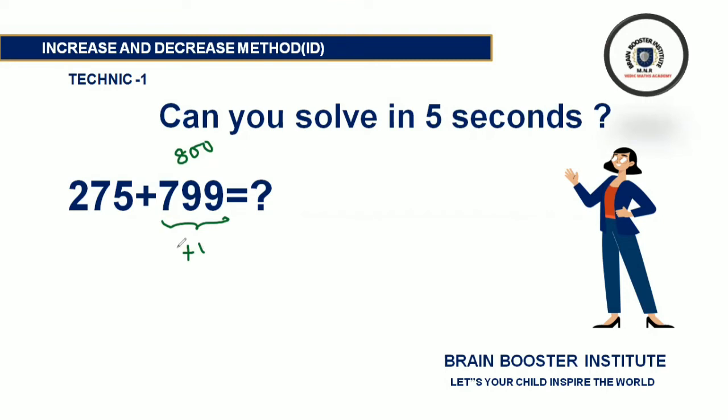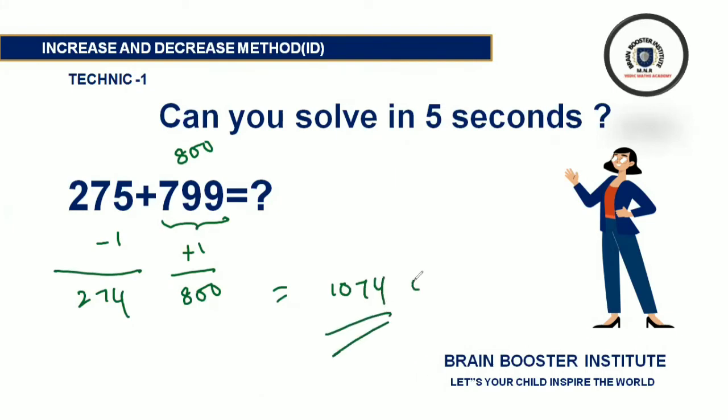However we are adding here, we need to subtract here. Now what do you get? By subtracting 1 from 275, we get 274. By adding 1 to 799, we get 800. Now add it, it would be easy. Then what do you get, my students? 1074 would be the answer. That's it. It's very simple.